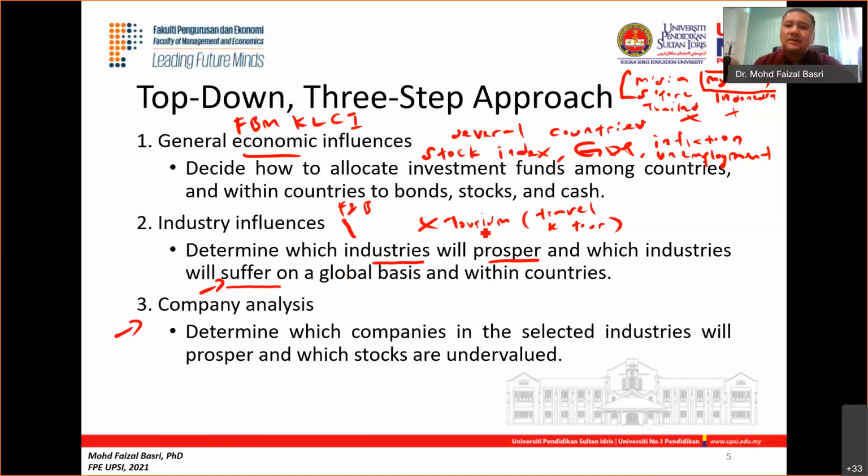So there will be no company analysis done for tourism because you already excluded it from your selections. Under the company analysis, we are comparing intrinsic value versus market price. And if you are the investor, we are looking for stocks or investments which are undervalued.